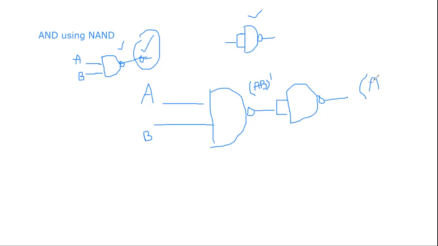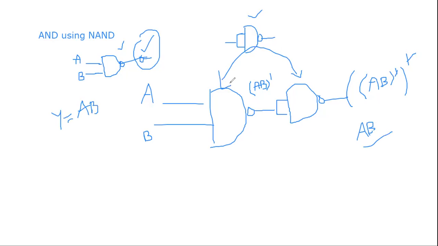What happened? AB whole bar, whole bar is equal to what? AB, because this bar and this bar get cancelled. So this is AB. AND gate means Y is equal to AB. So using NAND, we get AB, right? So this is the AND gate using NAND.